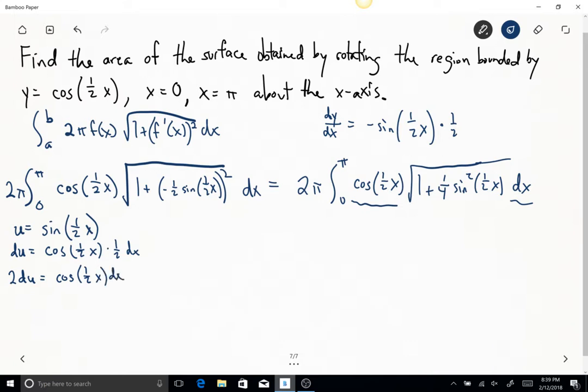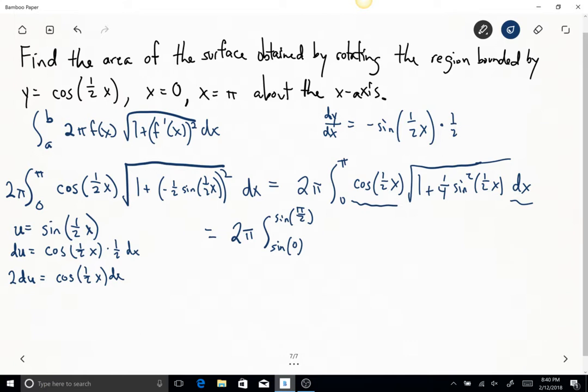The only other thing that we're going to need to do, since we aren't going to make it a general form antiderivative, is plug in the bounds. So we'll go sine of 1/2 times 0, so that's just sine of 0, and this one's going to be sine of pi over 2.